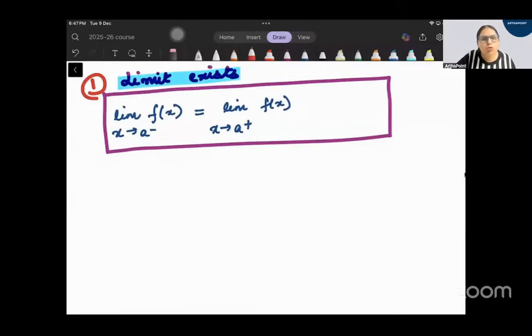Now some books, they represent this limit in a very different way. And how do they write it? They write, and up to you, if you are clear with this definition, it's fine.